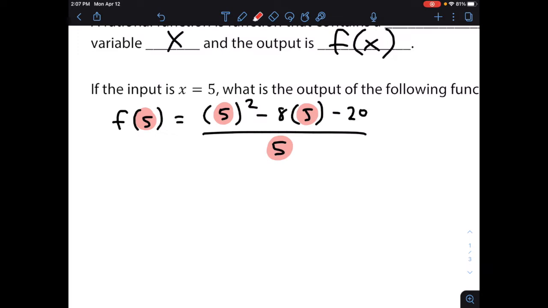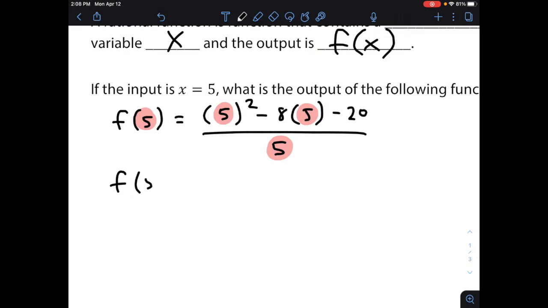And you'll notice I use parentheses. When the number is positive, the parentheses don't necessarily matter that much, but if you're evaluating a function at a negative value, then the parentheses are really important because there's a difference when we have parentheses and we're squaring negative numbers. All right, so all we have to do now is simplify this thing.